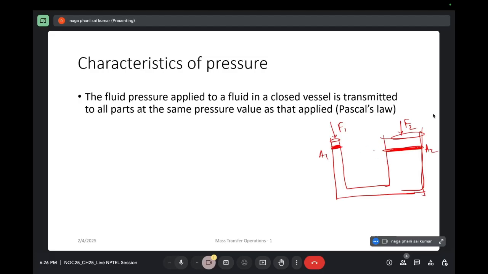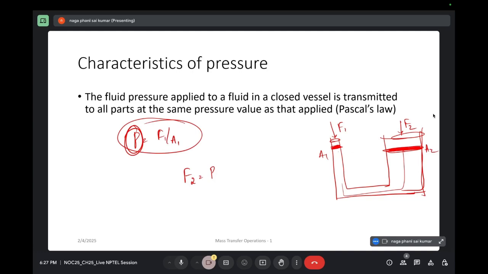So when the small piston of area A1 is acted upon by force F1, the liquid pressure will be equal to F1 by A1. This is the pressure that is produced in the liquid, and this pressure will act on the second, large piston. So now P will be F2 by A2, because the same pressure should be acting here as well.